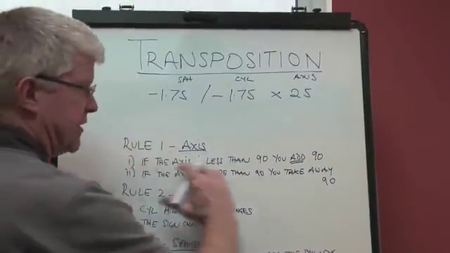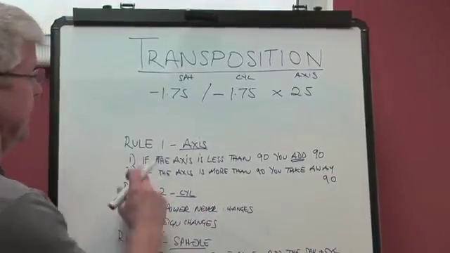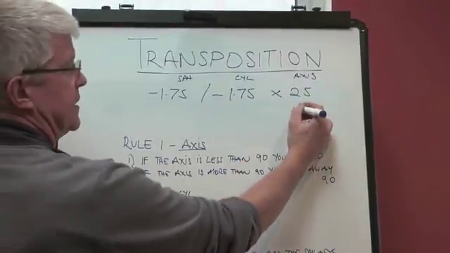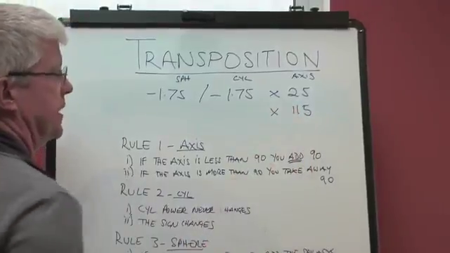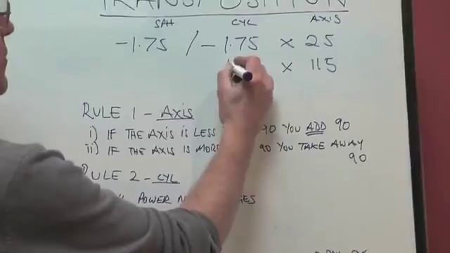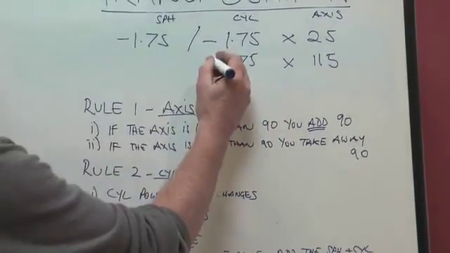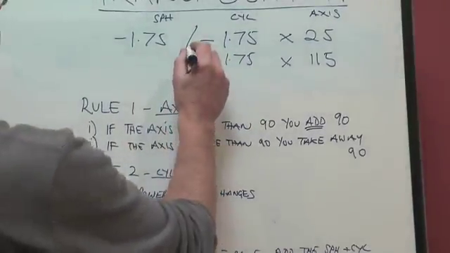Let's just follow these simple rules. If the axis is less than 90, you add 90. So we add 90 to that, and we end up with 115. The cyl power never changes, so we know that that's a 1.75. The sign does change, so we know that that's a plus, so we're already halfway there.